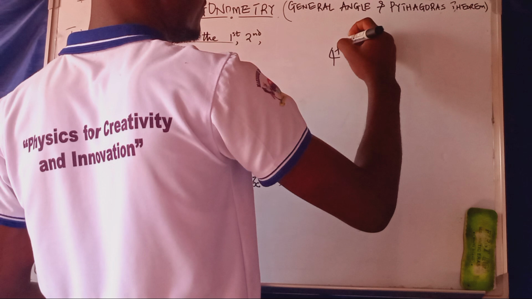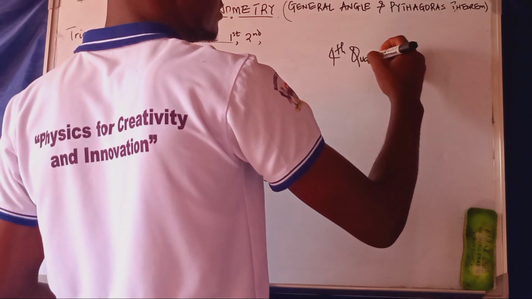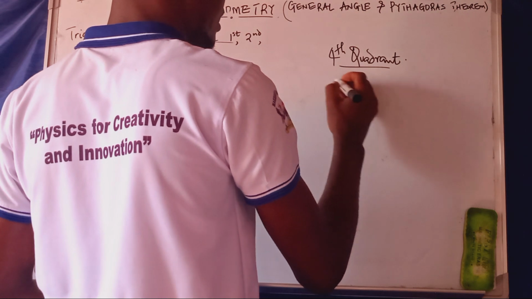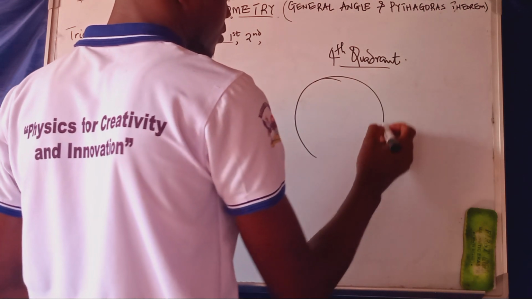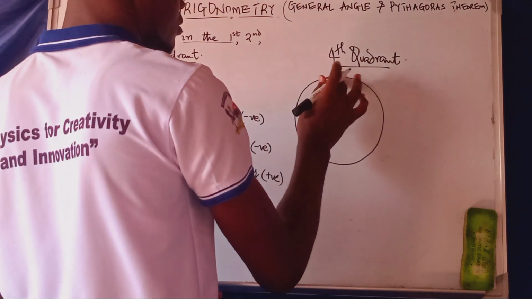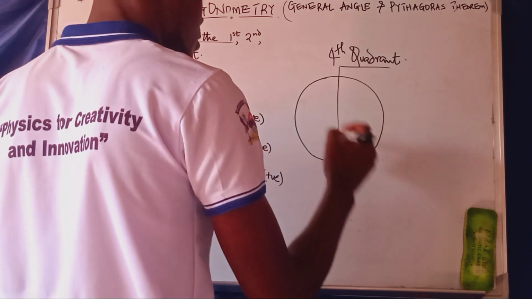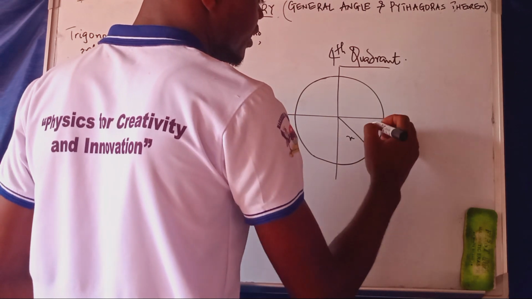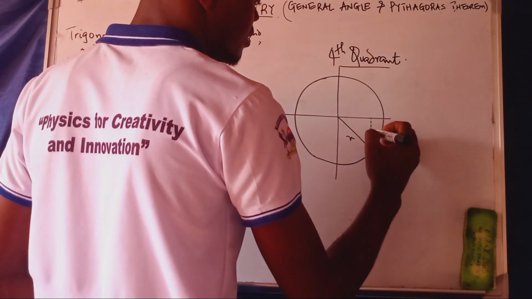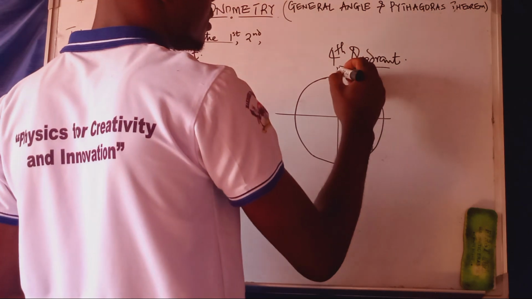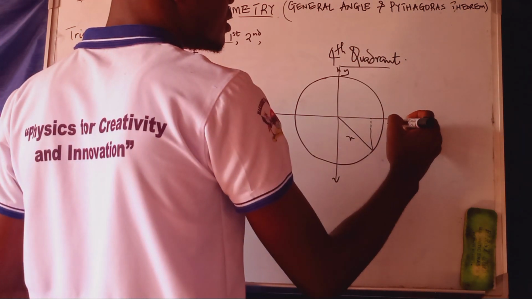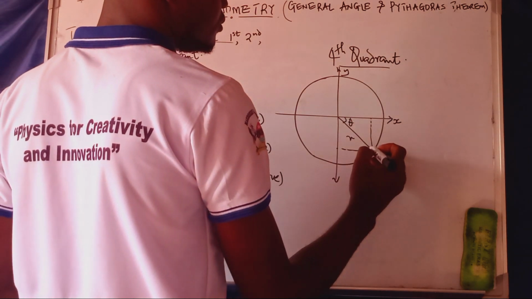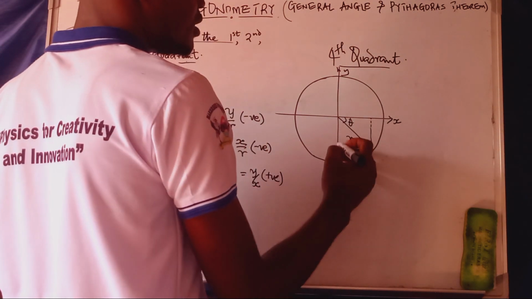Let us see the fourth quadrant. The fourth quadrant is this. If this is our radius, this is our y, and this is our x, and this is the angle theta, or if you feel comfortable putting your theta there.